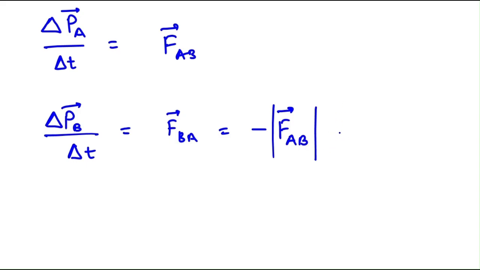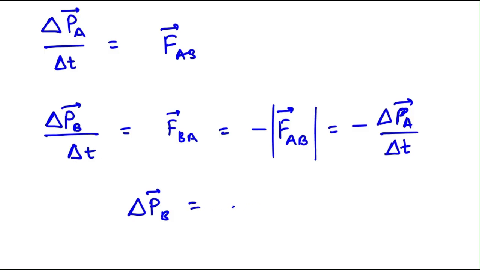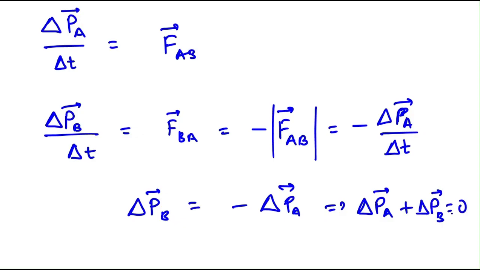So we have minus delta PA divided by delta t. So we can write here delta PB equals minus delta PA, or delta PA plus delta PB should be equal to 0.